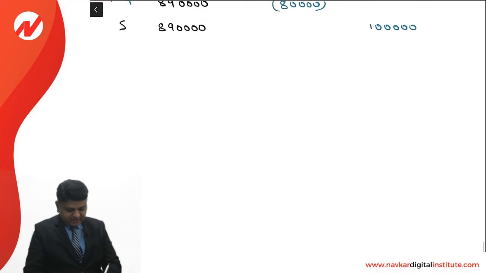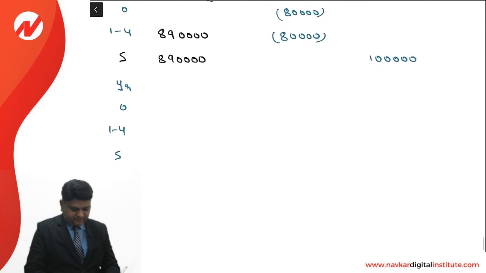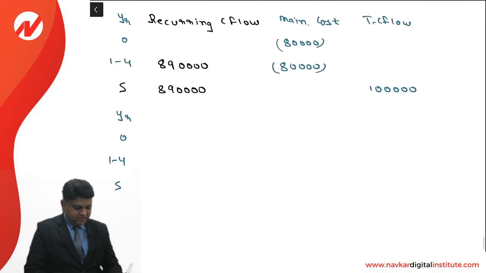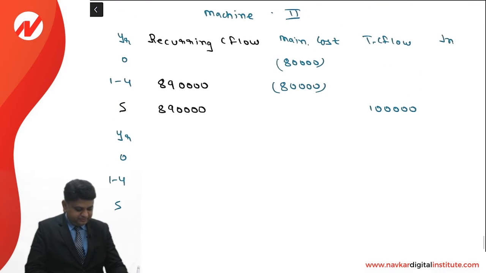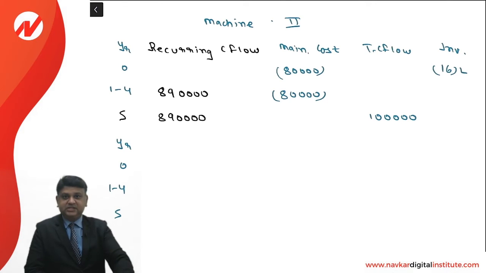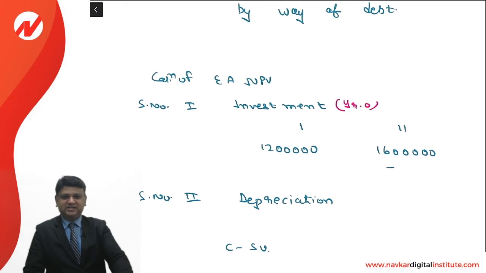Next, continuing with the table, year 0, year 1, 2, year 4 and 5th year. We will be having initial cash outflow, that is investment to be made. The amount of the investment that we have calculated in step number 1 is 16 lakhs.